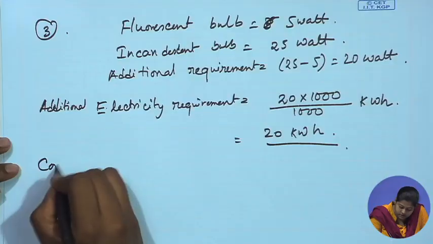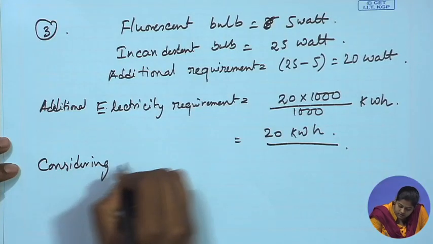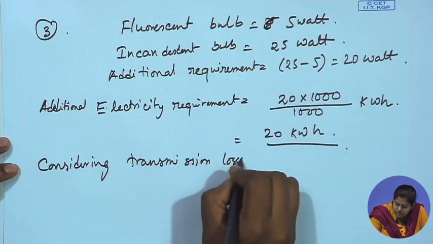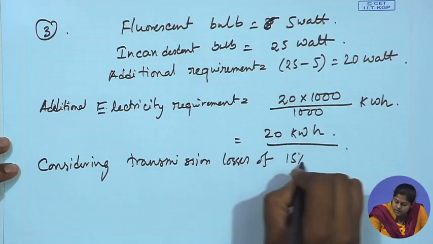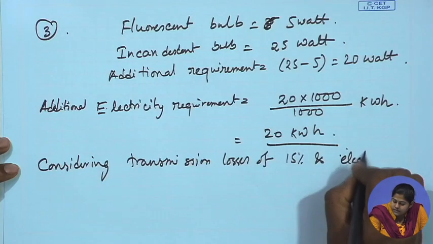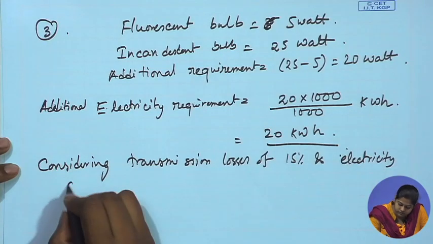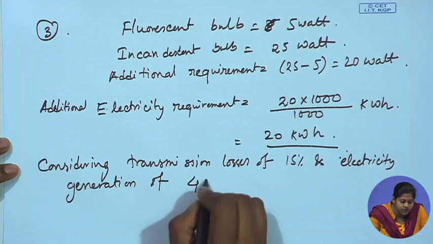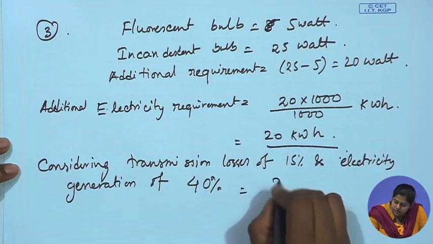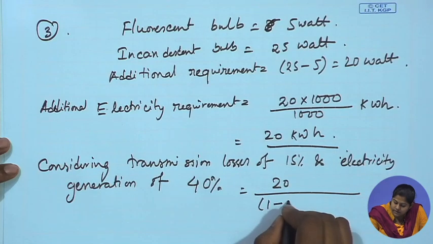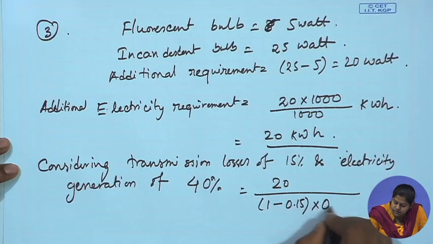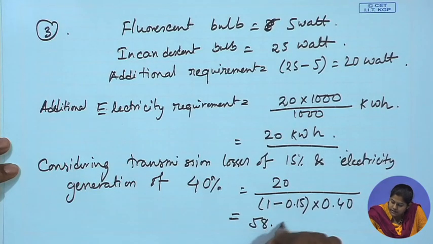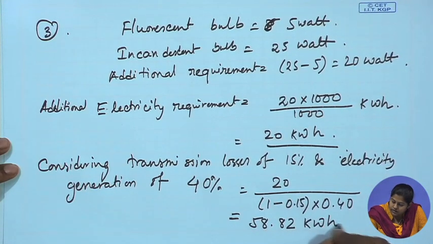So considering transmission losses of 15% and electricity generation of 40%, this will become 20 divided by (1 minus 0.15) times 0.40. If you calculate this, it will be 58.82 kilowatt hour.